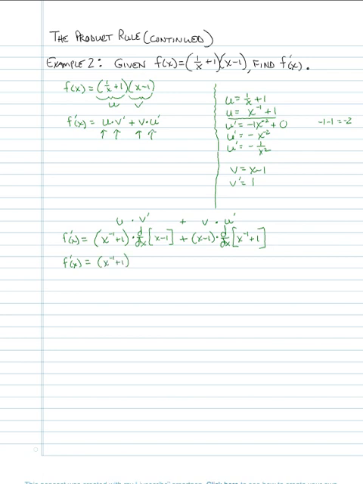First we have this x to the negative 1 plus 1, and then we calculate the derivative of x minus 1. We saw up above that's just 1. And then we have our plus sign, and then we have our function x minus 1, and now we multiply that with the derivative of x to the negative 1 plus 1, which we saw a moment ago gave us negative x to the negative 2 power. That's actually what we got before we put it into a different form.